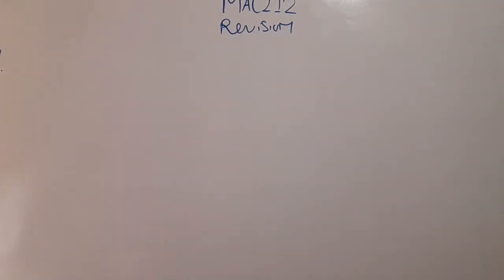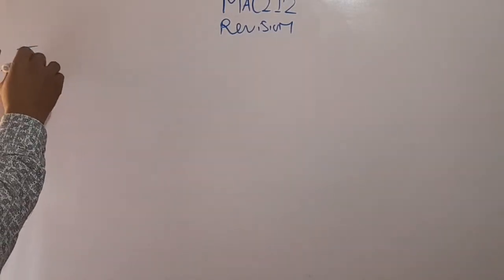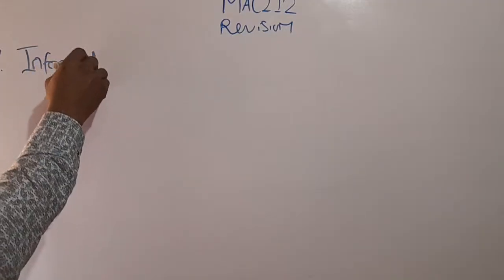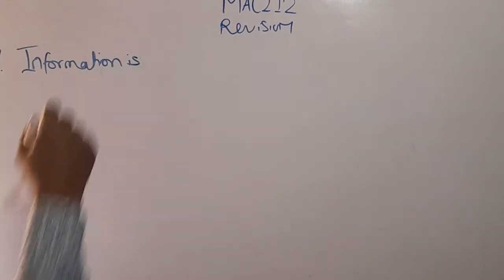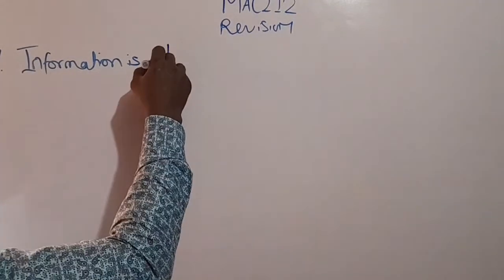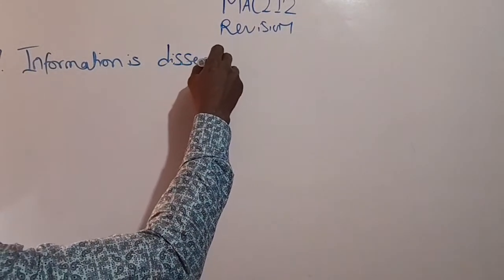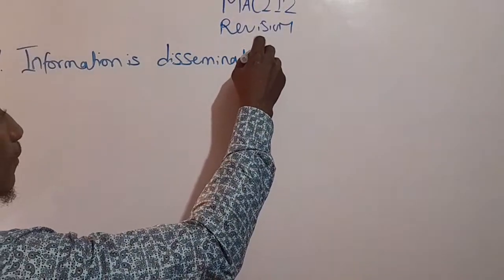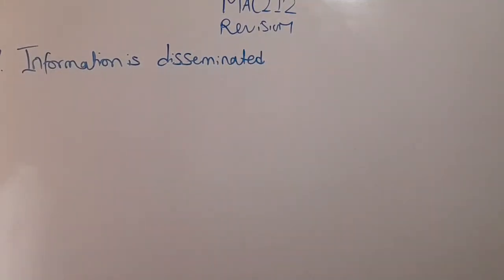Traditional communication is a system of communication whereby information is disseminated through that channel. All right? Information is disseminated.